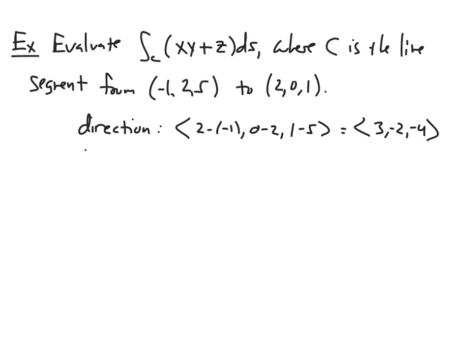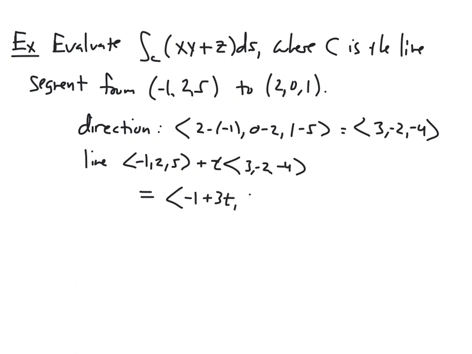And so we know the whole line through these 2 points is parameterized by our starting point, -1, 2, 5, plus t times our direction vector, which is given as -1 plus 3t, 2 minus 2t, and 5 minus 4t. Right? So this will give us the entire line through those points.